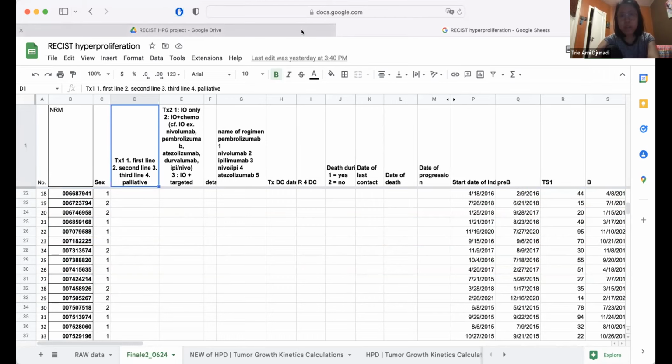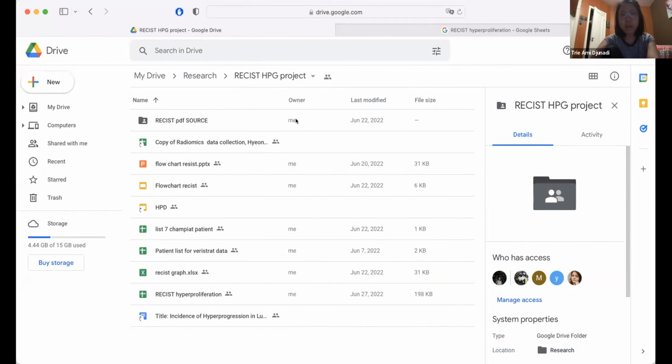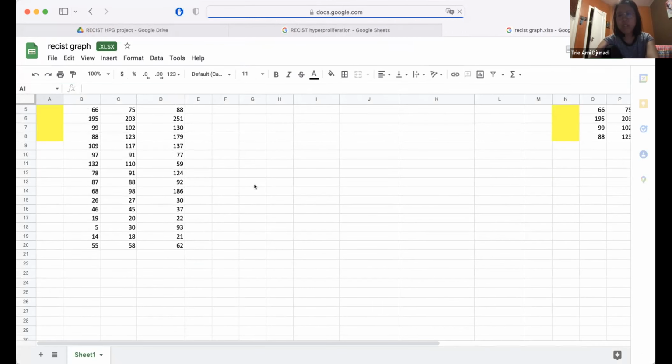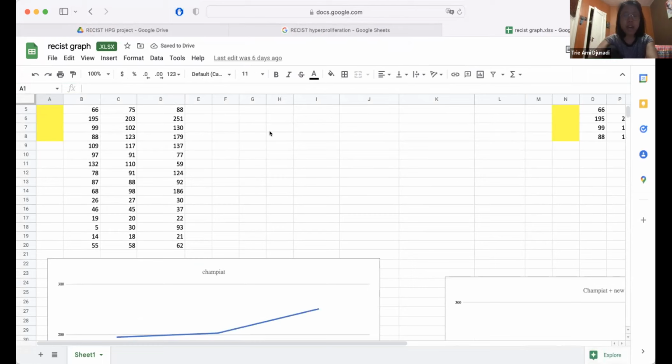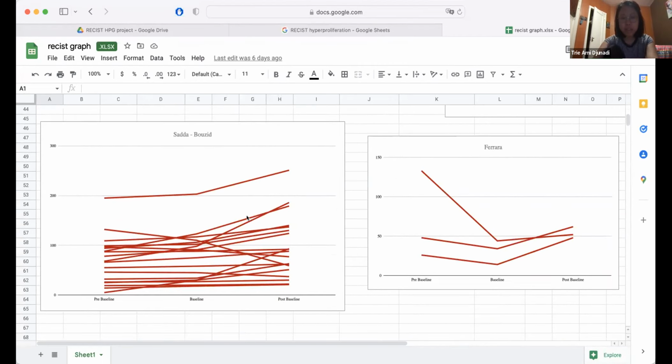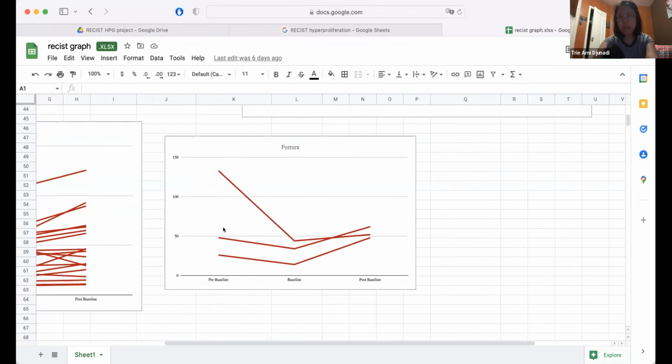Also, because Minjong is here, last week when we talked about the graph, we saw there is a negative slope. Minjong, do you have any feedback? You wrote a manuscript with about 3 definitions. Do you know how to deal with a negative slope? When we put in the clinical data, most of them have a negative slope from the pre-baseline to the baseline.